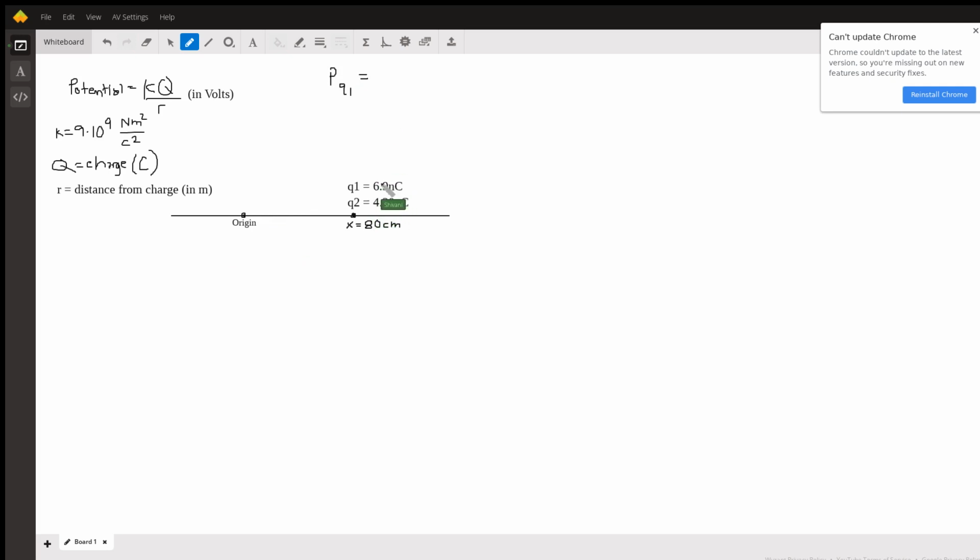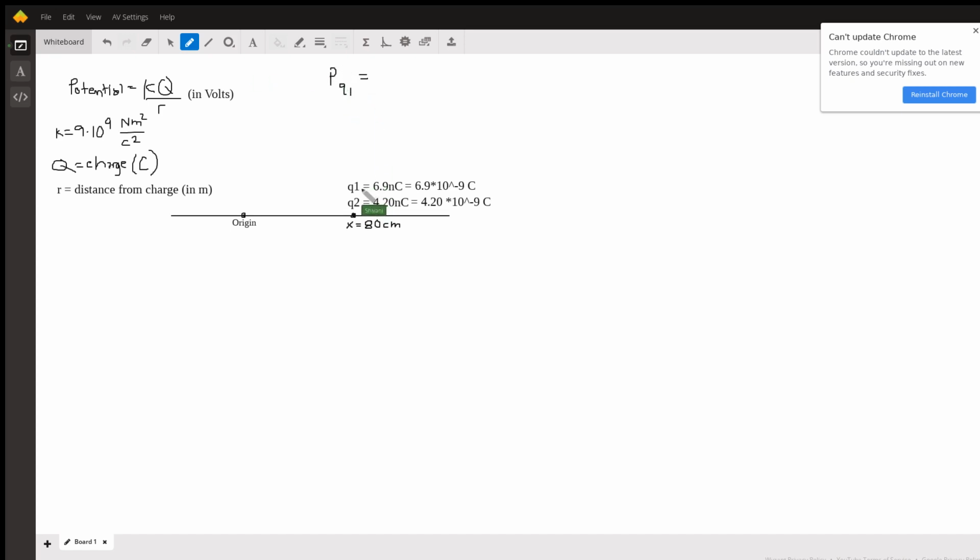Now, the charges are in nanocoulombs, so we need to convert them to coulombs. So 6.9 nanocoulombs is 6.9 times 10 to the negative 9 coulombs. And 4.20 nanocoulombs is 4.20 times 10 to the negative 9 coulombs, since 1 nanocoulomb is 10 to the negative 9 coulombs.